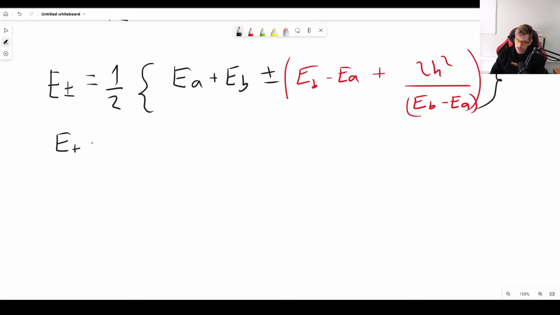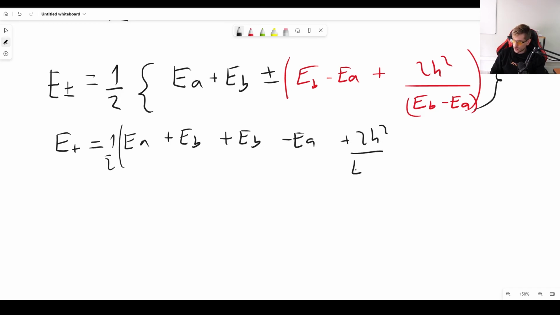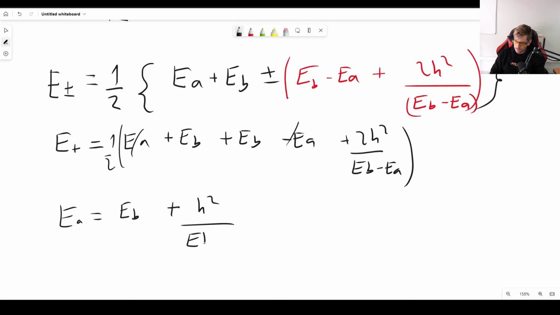For E plus, we have 1/2 of EA plus EB plus EB minus EA plus 2h squared over EB minus EA. Here the EAs cancel out and the EBs add up, so we get 2EB, but 1/2 of it will be simply EB, plus h squared over EB minus EA.